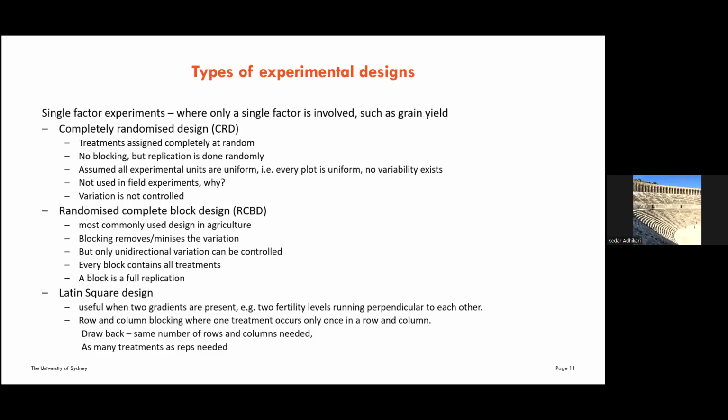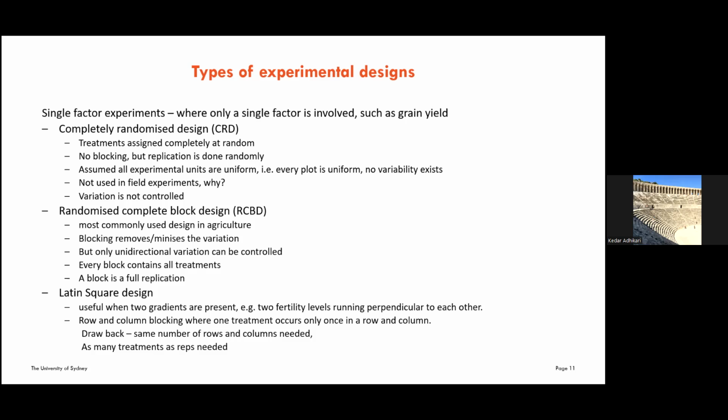So comes the Latin square design. We can do that because in this method you can do row and column blocking, and that minimizes the variation between the rows and within the row and within the block.